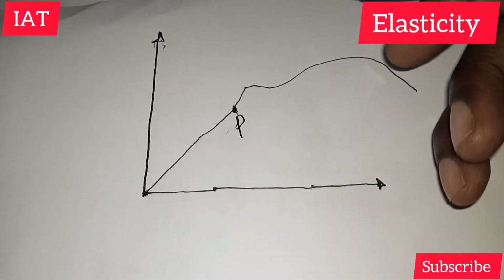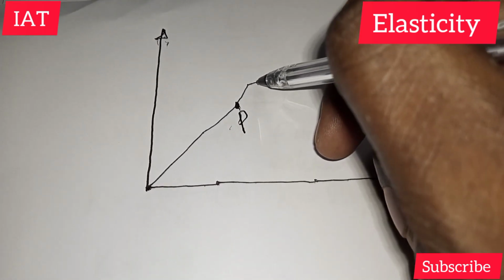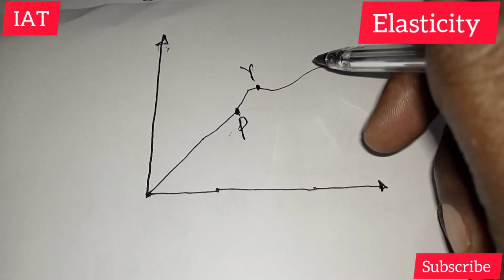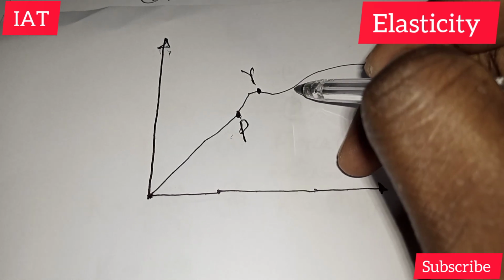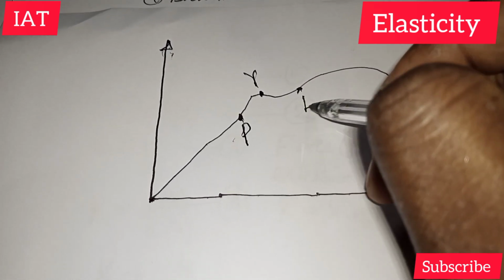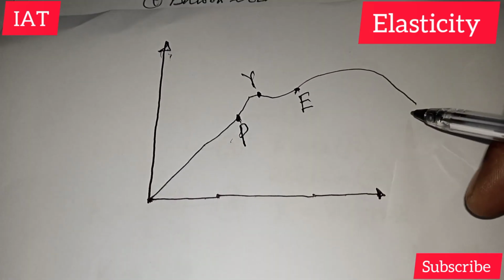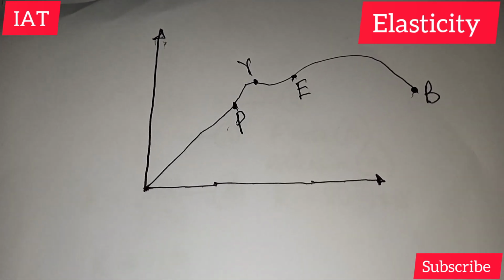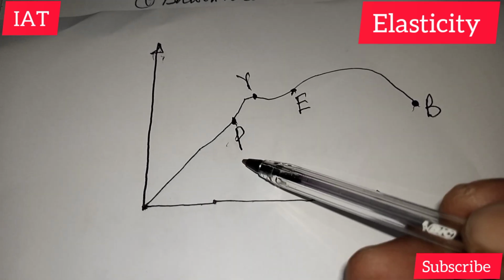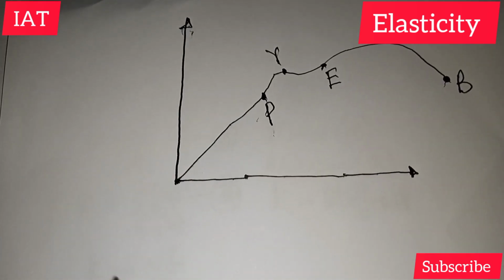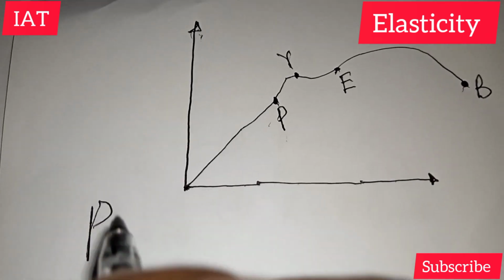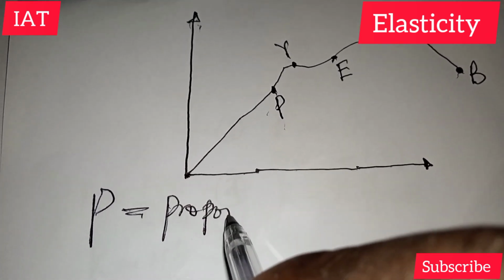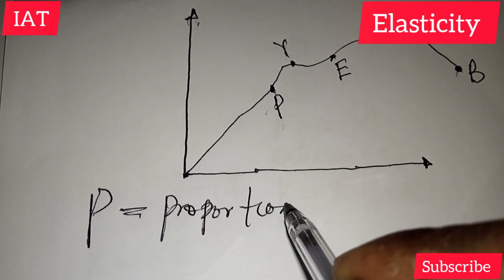So from this point we have another one here. We call this point Y. We can also call this particular point E, and then we can call this particular point B. So what exactly are these symbols? The P stands for proportionality limit.